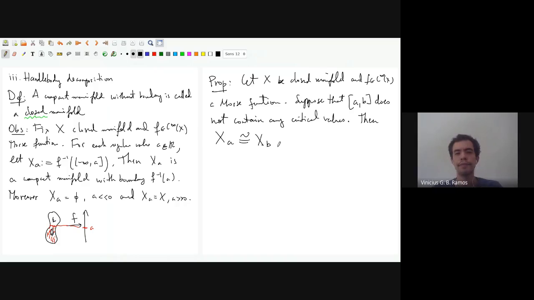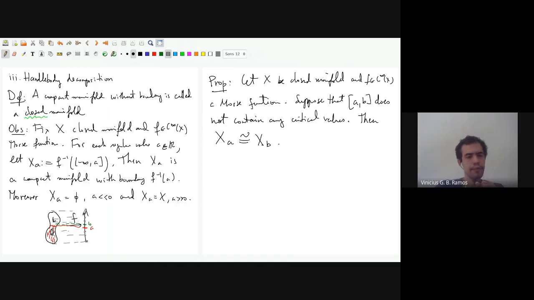Okay, so that's the first result. And you can see that maybe from this picture: if I move the a, if I choose another point b over here, you see that between these two, there is no critical value. The critical values are the images of the critical points. Over here, I have 6 critical values.